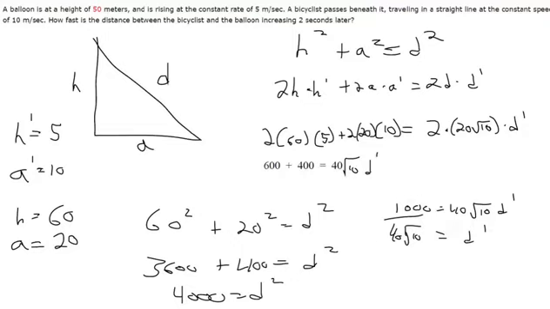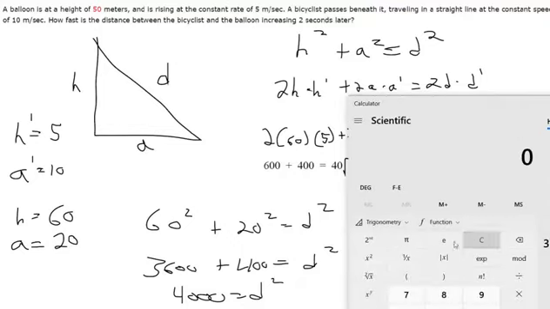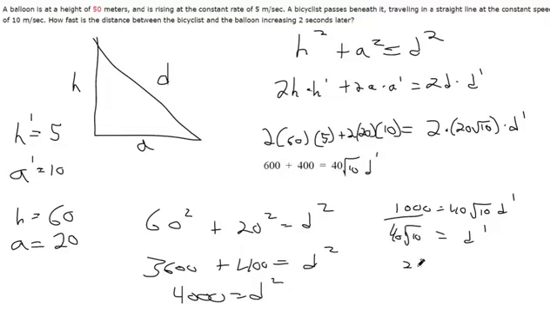So 1,000 divided by 40, oops, 100 over 4, 25. So this is 25 over the square root of 10 equals d prime. We could rationalize the denominator, but I think that's probably fine.